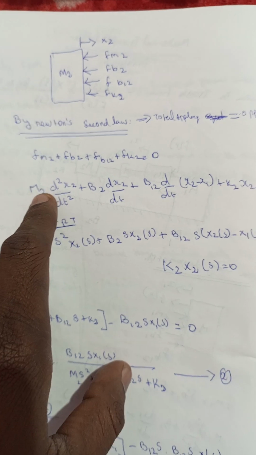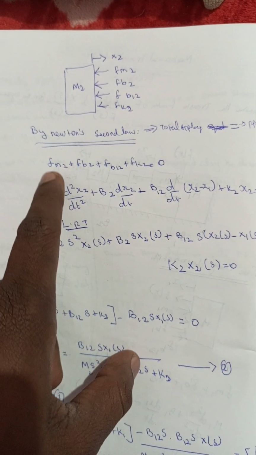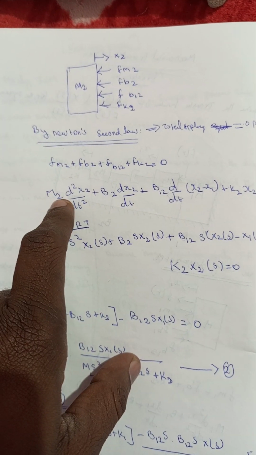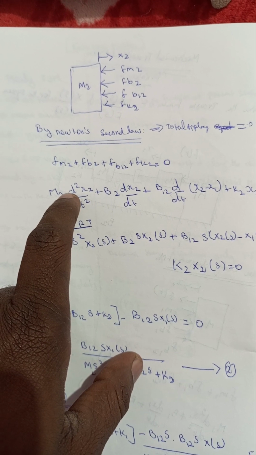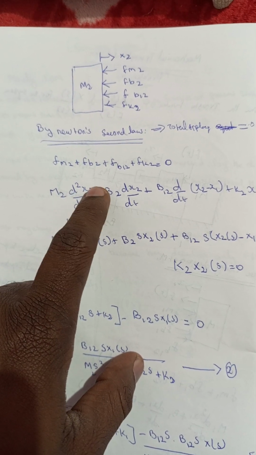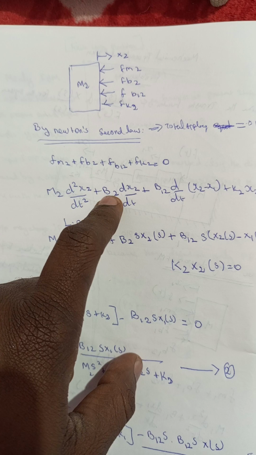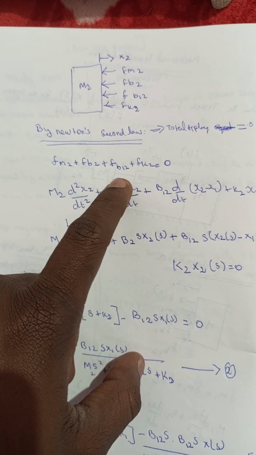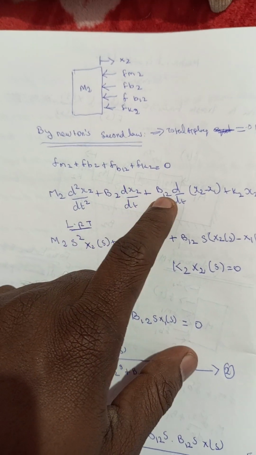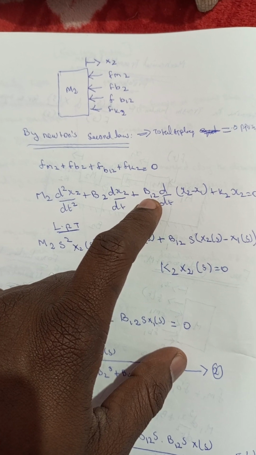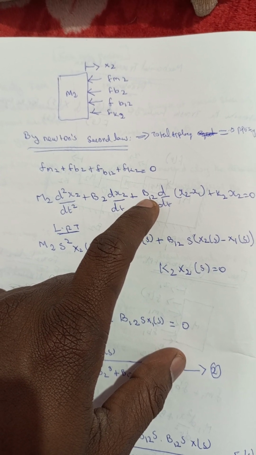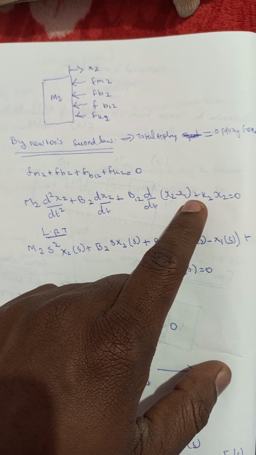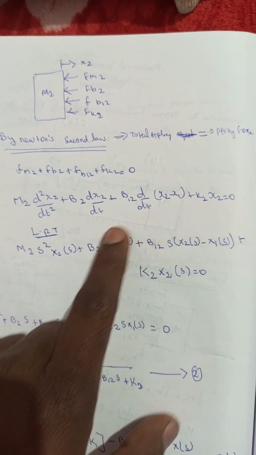Similarly, we expand this. For the mass we differentiate two times, so M2 d²x2/dt², and for the dashpot B2 dx2/dt, and for the common dashpot B12 d(x2 minus x1)/dt, plus K2 x2, that is equal to 0.